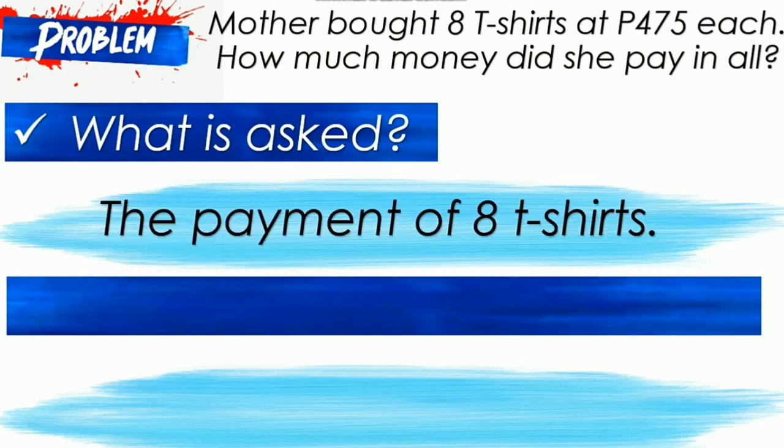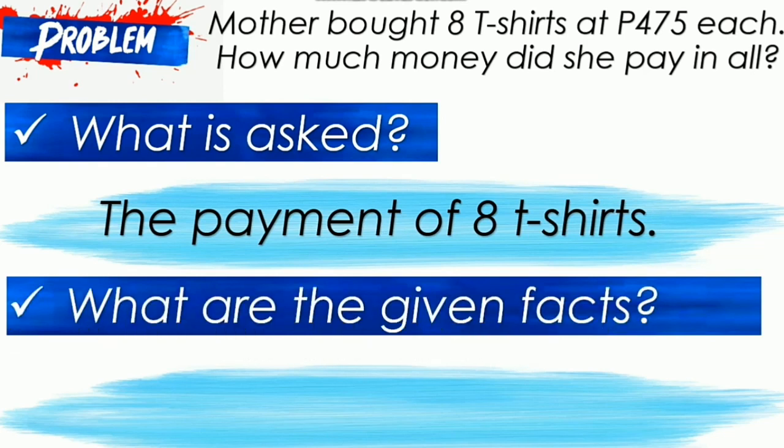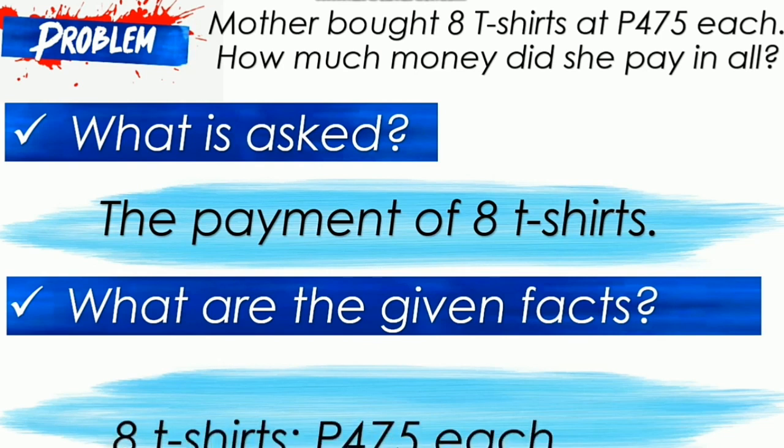Then from there you move to the information given. They give us the price of a shirt, 475 pesos each. So they are asking us to find the amount she paid for 8 shirts.